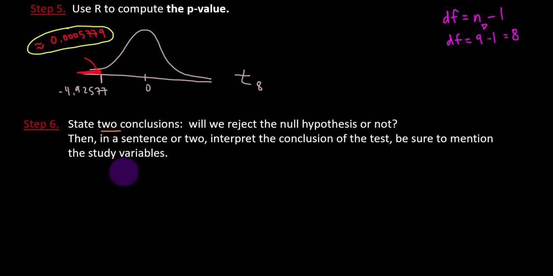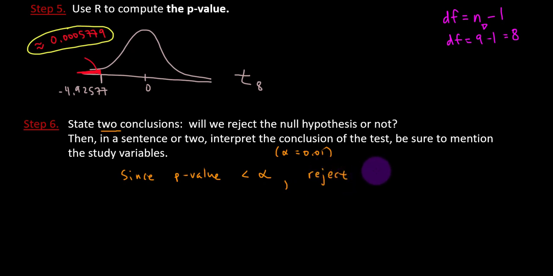Here, because the p-value is small, since the p-value is less than alpha, alpha I said was 0.01, and our p-value is certainly less than that, our conclusion is going to be, when the p-value is low, the null must go. Reject the null hypothesis.